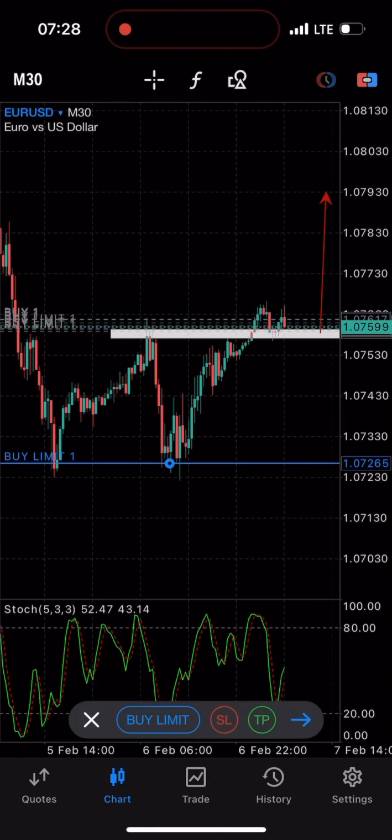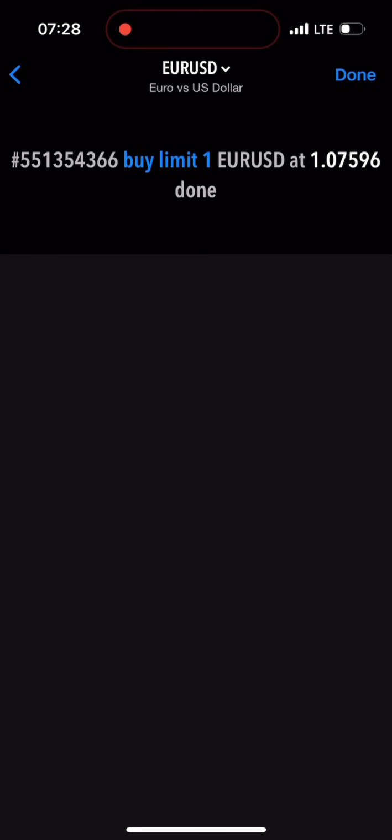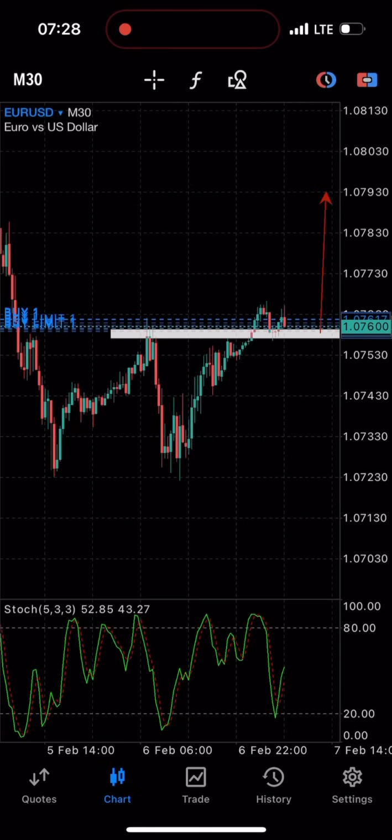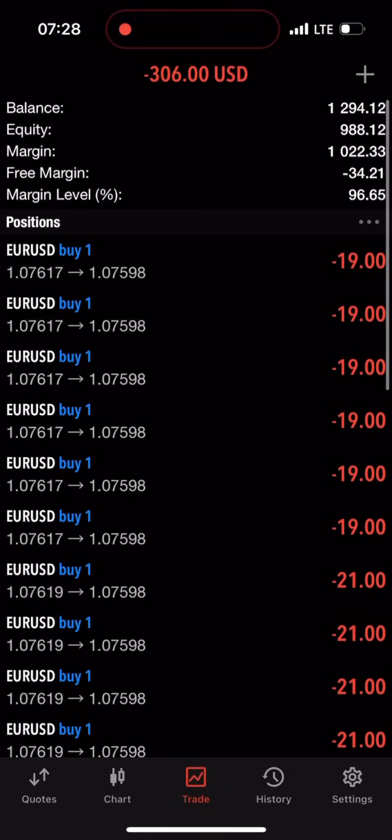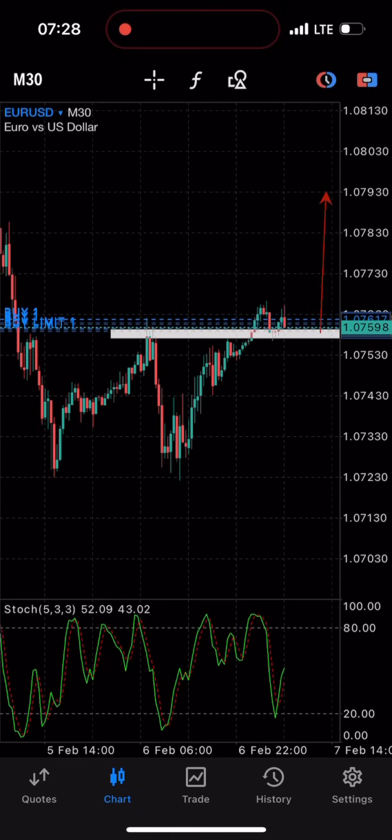So guys, we have entered our buys and our buy limit orders. Let's watch out and see how this market is really going to behave.